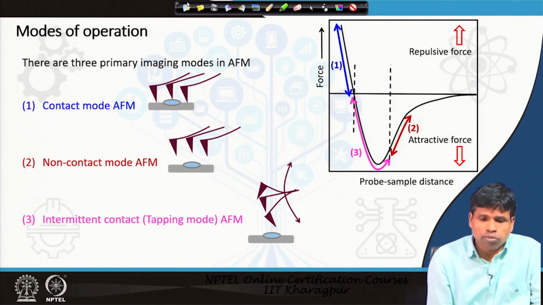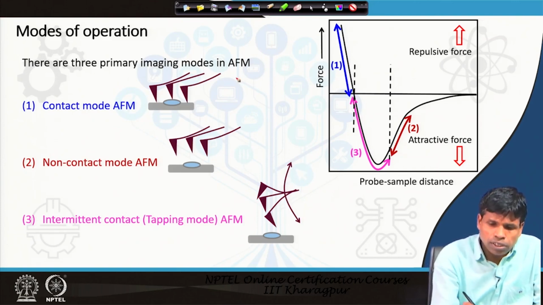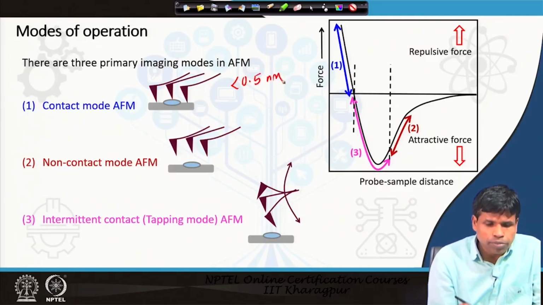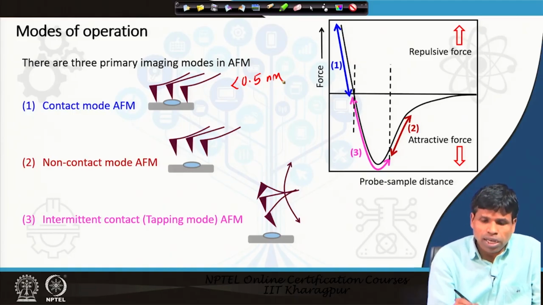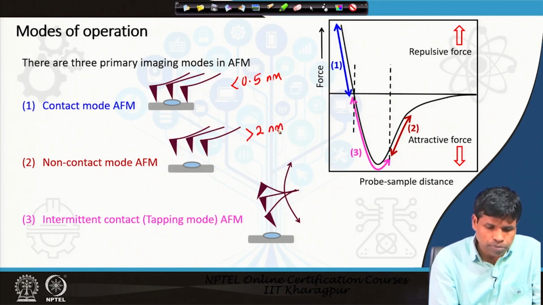But in the non-contact mode of operation, the distance between tip and sample is a little larger, greater than 2 nanometer, and in the intermittent contact mode, the separation between tip and sample is around 0.5 nanometer to 2 nanometer.